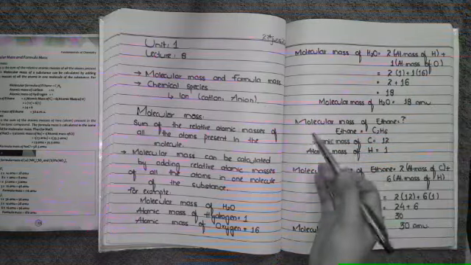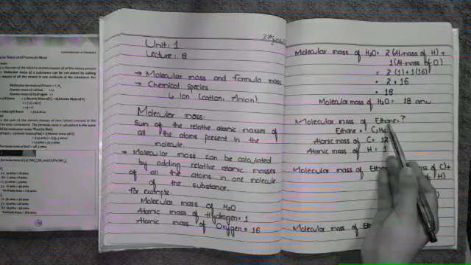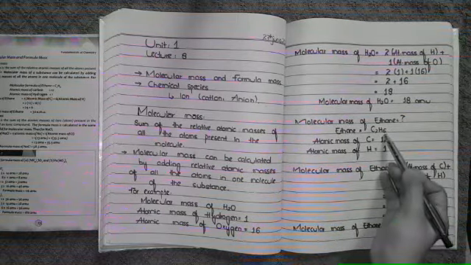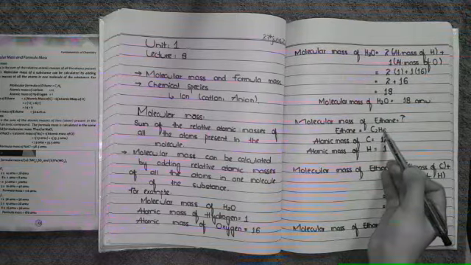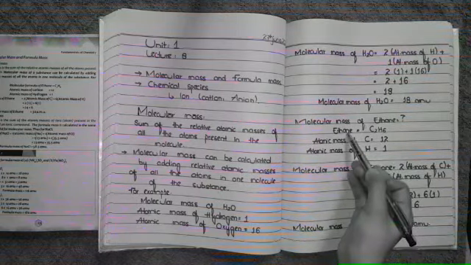In the same way, if you want to find the molecular mass of ethane, first we should know the formula of ethane. The formula of ethane is C2H6, which means 2 carbon atoms and 6 hydrogen atoms are present within one molecule of ethane.